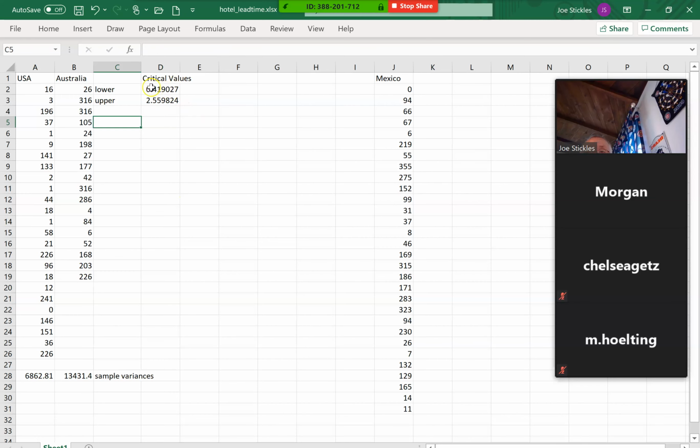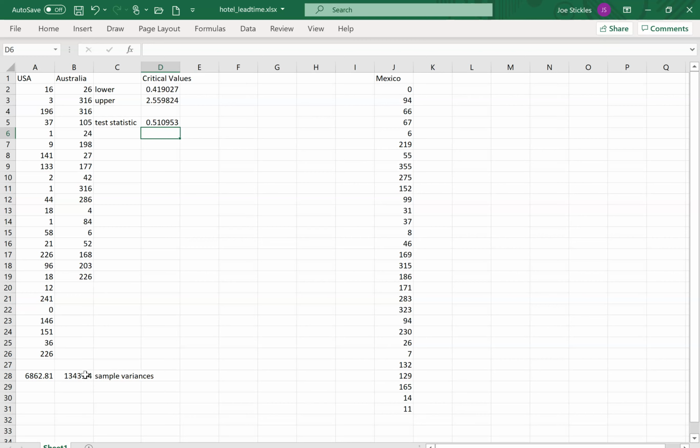We'll reject if we're below this lower one or above the upper one. For our test statistic, we again use the degrees of freedom for the USA values as our numerator. So I'll take the USA variance and divide it by the Australia variance, and we got 0.51.